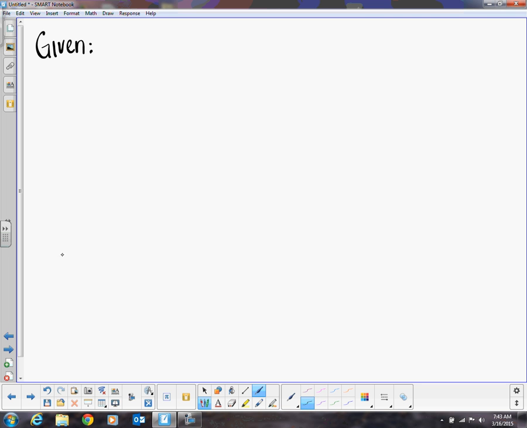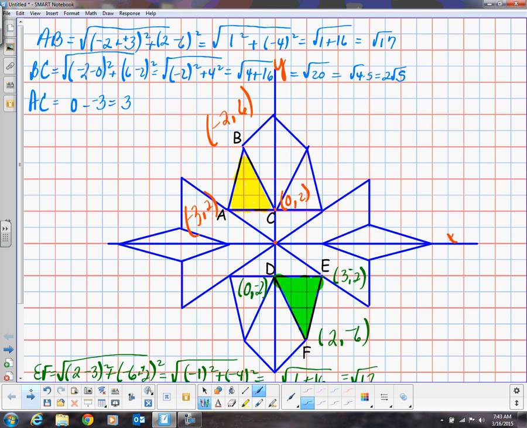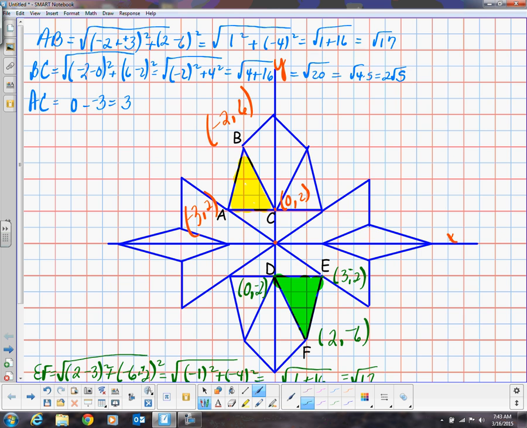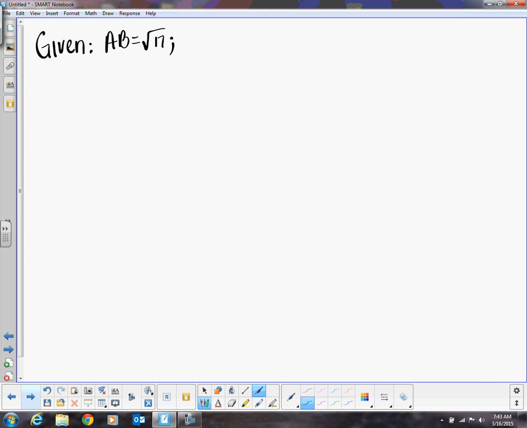So what have I been given? I have been given that AB is square root of 17. I have been given that BC is 2 square root of 5, and I've been given that AC is equal to 3.